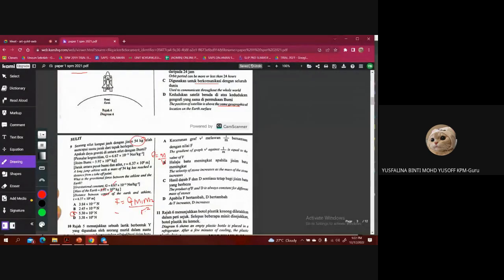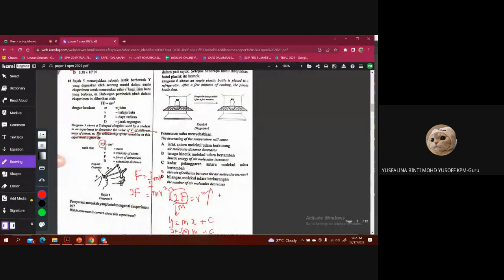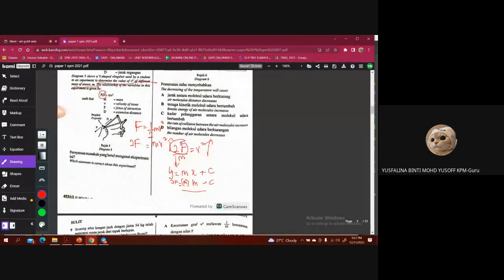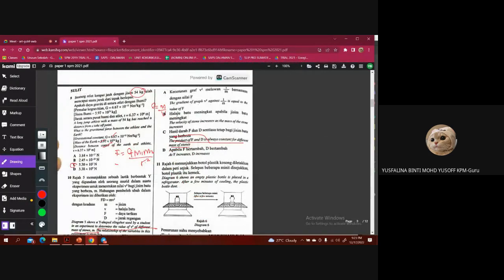Then for C, the product of F and D is always constant for different mass of stone. Yes, because I told you just now, you have to apply the same force. If not, all will become a variable, all changing. Then what do you want to study? There must be one constant. So the answer is C.